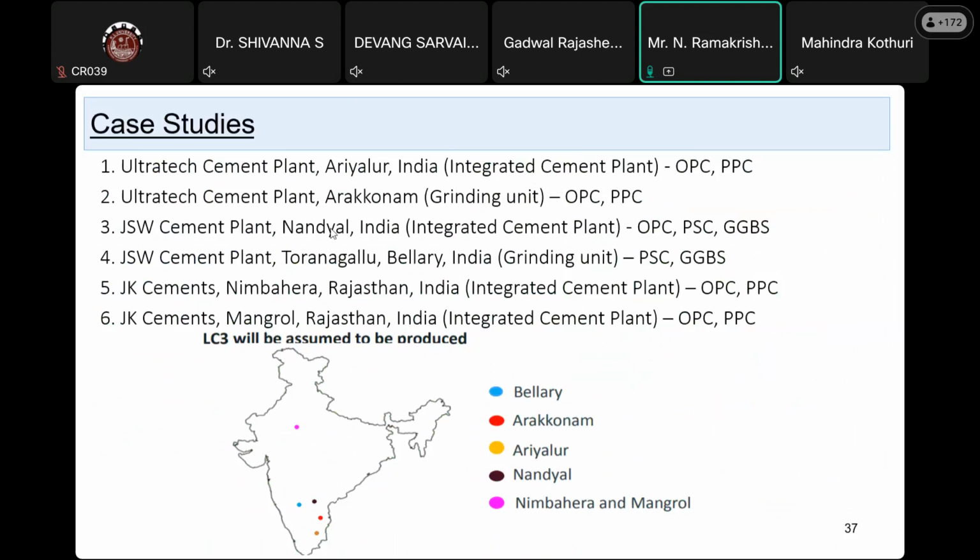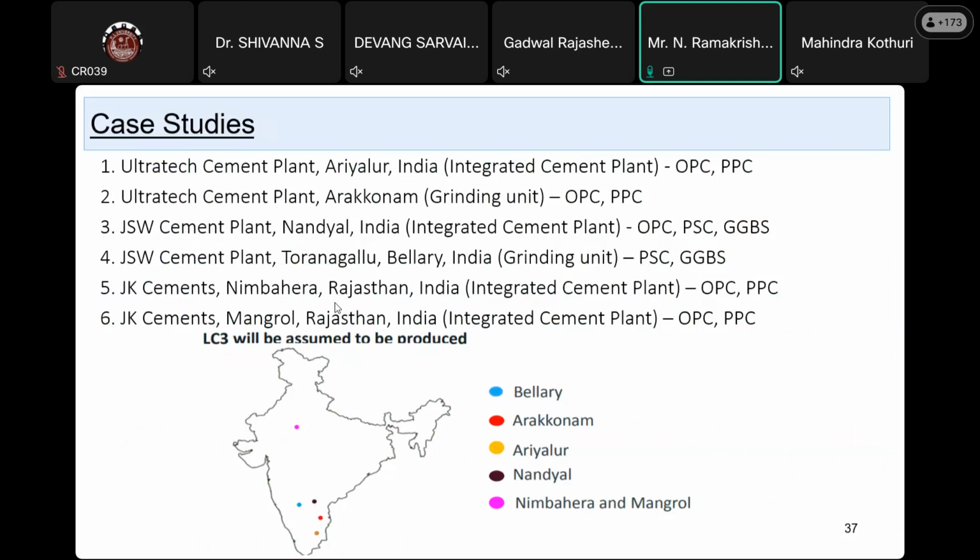Here you can see OPC, PSC and GGBS. The first one is at Nandyal, Andhra Pradesh, and the second one is Toranagallu, Bellary, Karnataka. There they are using PSC and GGBS. The third and fourth use GGBS. GGBS and Portland slag cement are different. In Portland slag cement only some portion is used, but here it is complete.